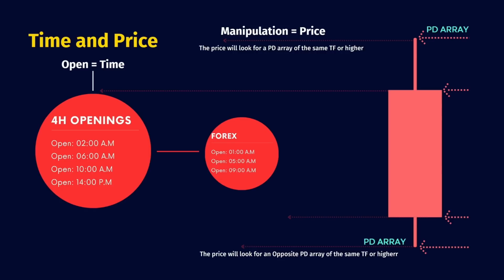The next candle is at 5 a.m. and the next candle at 9 a.m. So in forex you only have 3 candles, because the last candle in forex is the London close, and forex doesn't move in the PM trend. It's small moves. So in index futures you can find 4 four-hour candles. In forex only 3 candles on the 4-hour time frame.